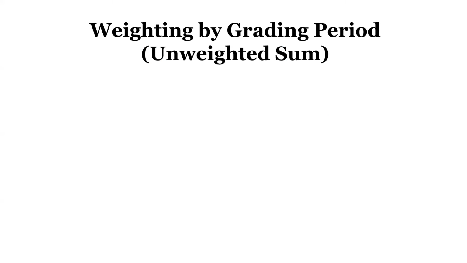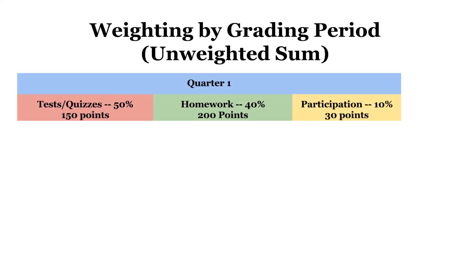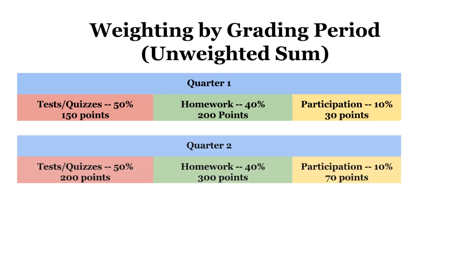Another option to weight by grading period is the unweighted sum approach. In this case, if you have the same categories for quarter 1 and quarter 2, you may have different point values for each term. For example, in quarter 1, you may have 150 points worth of assignments in the test and quizzes categories, whereas in quarter 2, you have 200 points worth of assignments.